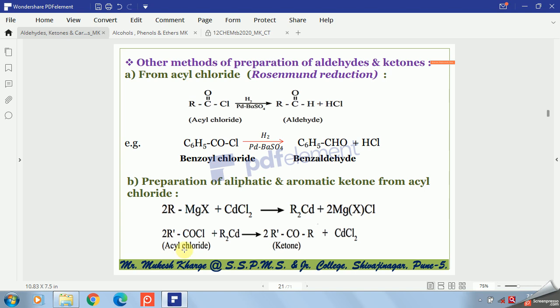For example, acyl chloride reacts with that dialkyl cadmium, and it will give ketone as a product plus cadmium chloride. So this chlorine gets replaced by an alkyl group, and cadmium reacts with chlorine to give cadmium chloride. So we require dialkyl cadmium, and it is generated using the Grignard reagent. So that is the use of Grignard reagent.